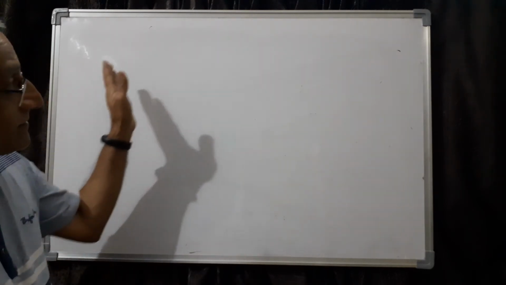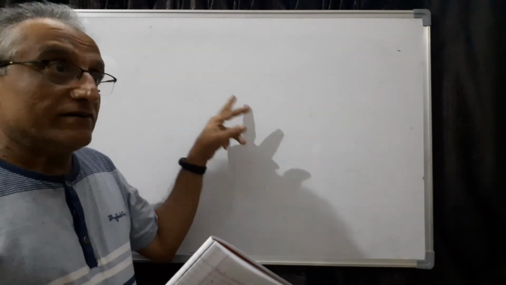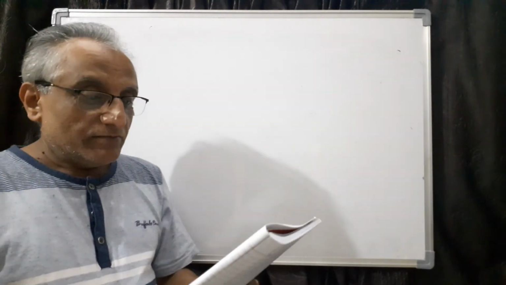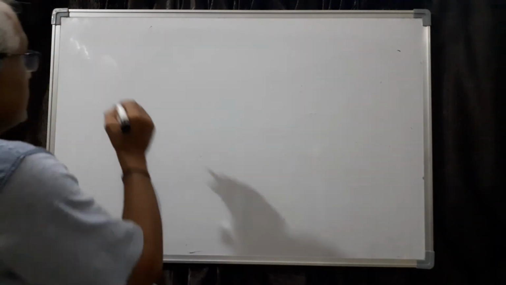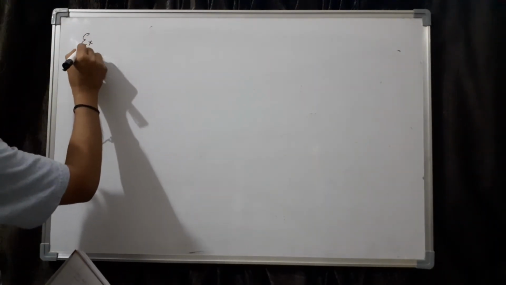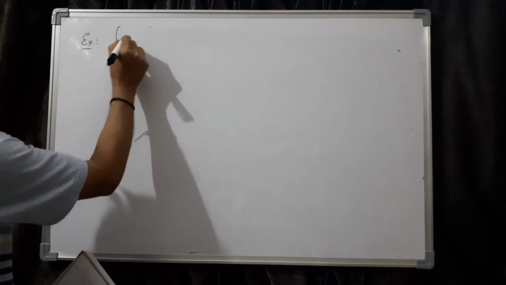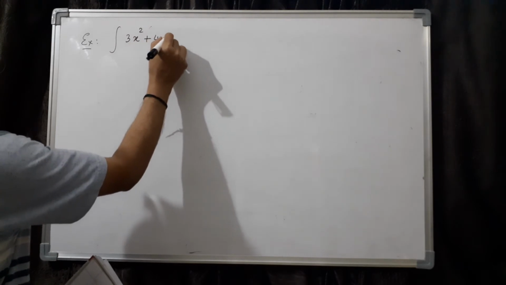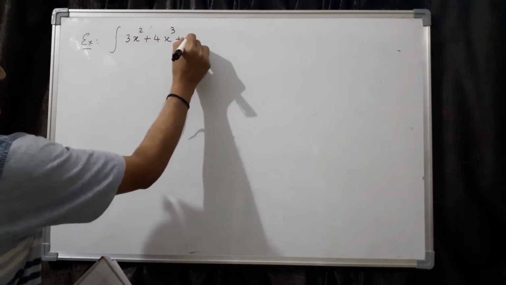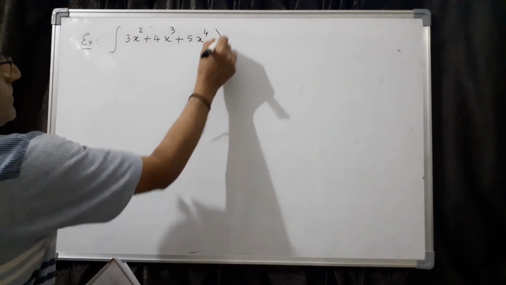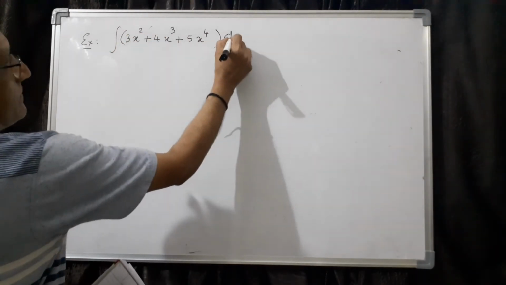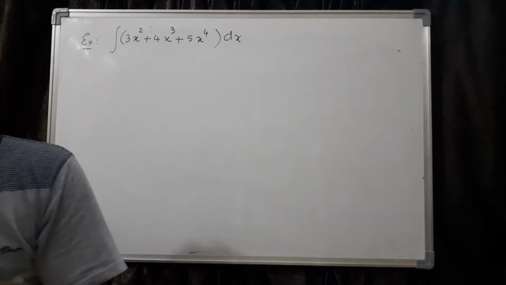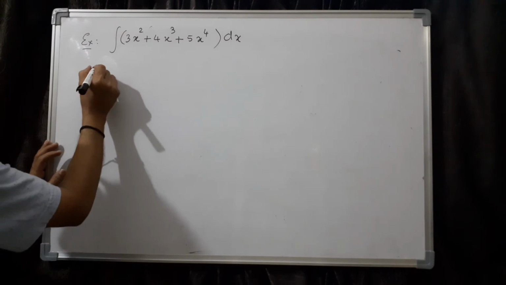Using this property, sometimes these properties may be mixed also, that is alpha f of x plus beta g of x, both scalar multiplication and addition. The first example: let's take integration of 3x square plus 4x cube plus 5x4 dx. I have taken three functions instead of two, so the rule is the same.